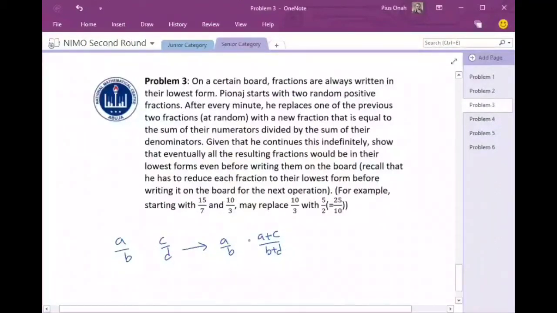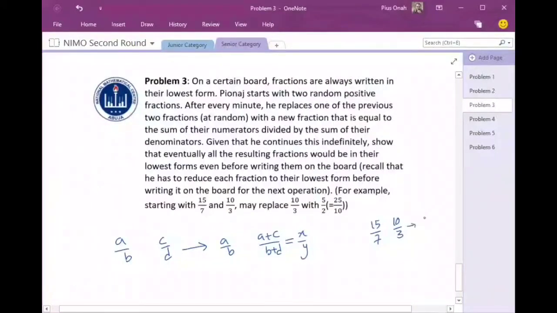Okay. Now when we write this fraction on the board, it doesn't have to appear this way. So it's going to be some x over y, where x over y is the reduced form of it. So what do we mean? Just a quick example. We have 15 over 7 and 10 over 3.